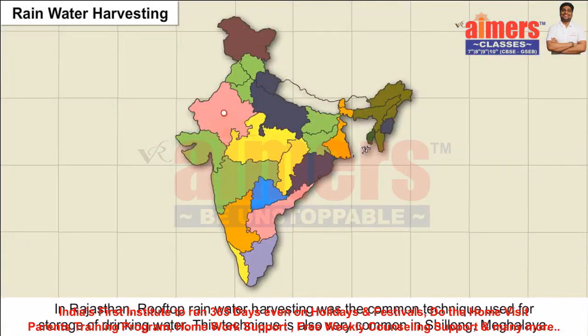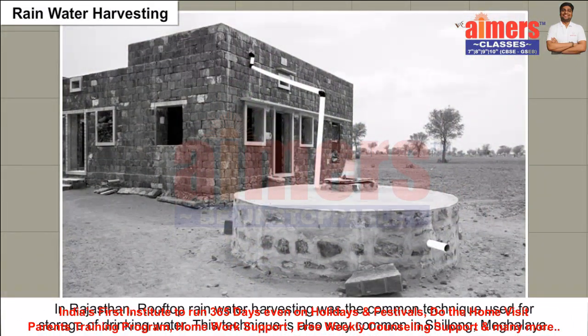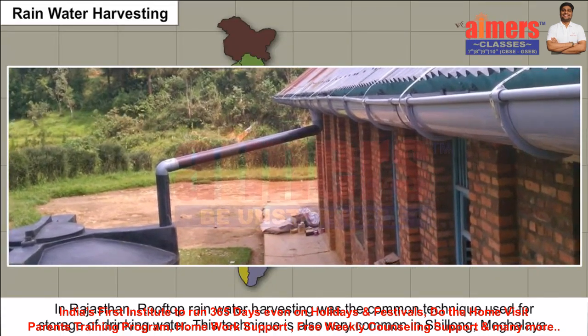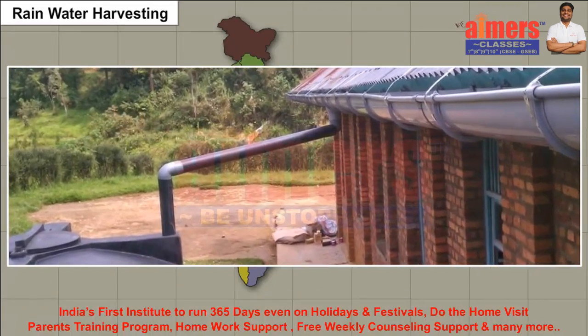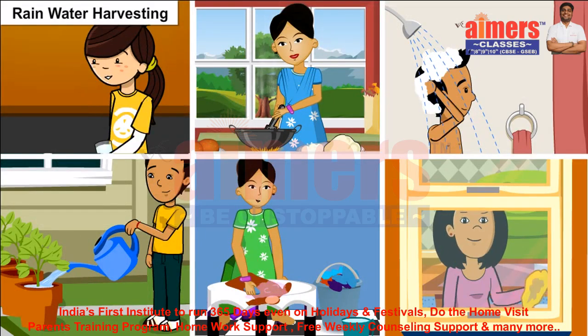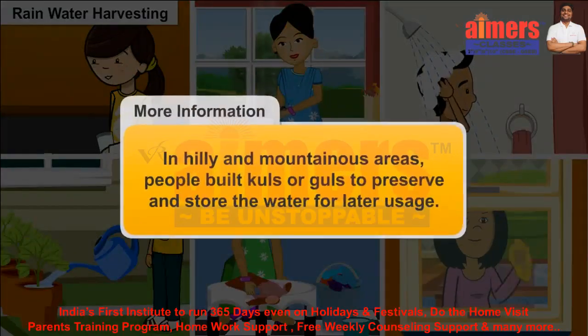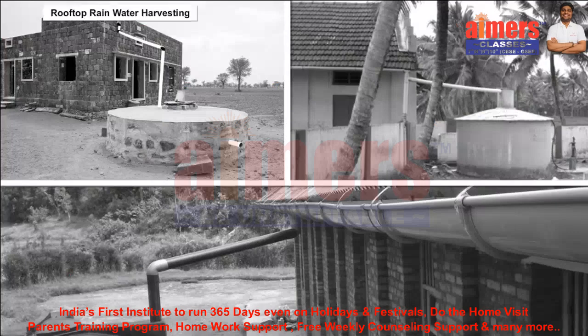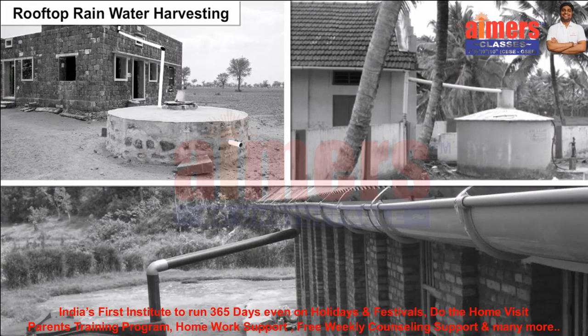In some states like Rajasthan, rooftop rainwater harvesting was the common technique used for storage of drinking water. This technique is also very common in Shillong, Meghalaya, in which 15 to 25% of the total water requirement of households comes from this technique. Rooftop rainwater harvesting.